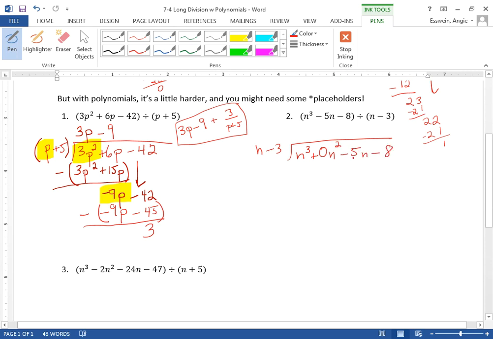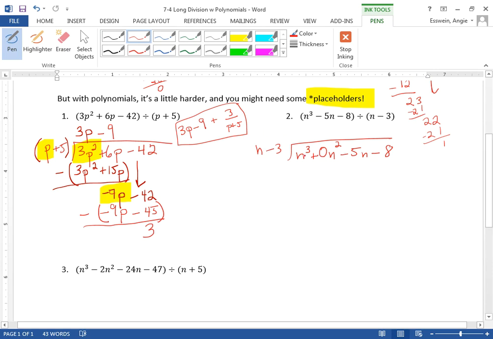See how I didn't change anything? Adding 0 doesn't change anything. But if you don't have the placeholder, the terms won't line up, and you won't be able to add and subtract them correctly. So that's what I mean by make sure before you even start the problem that you've taken care of any placeholders. Okay, so now we're going to go through the steps.